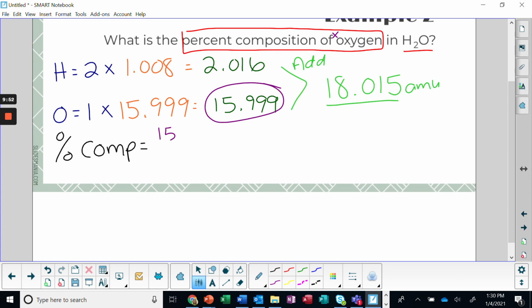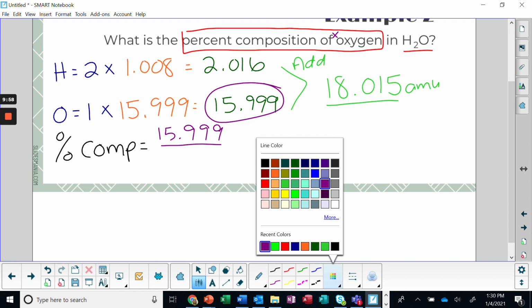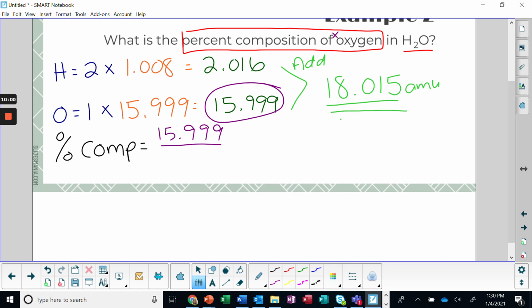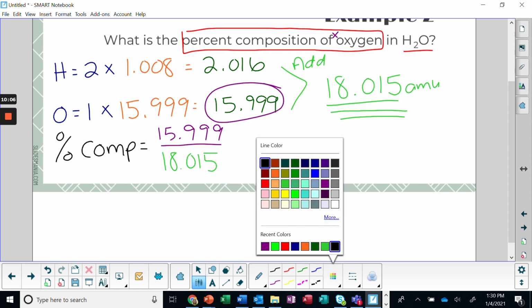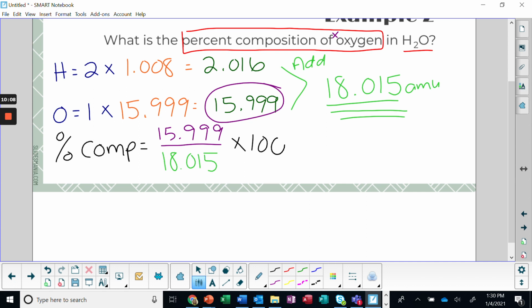So 15.999 divided by this one. And then multiply everything by 100. Let's see what we get.